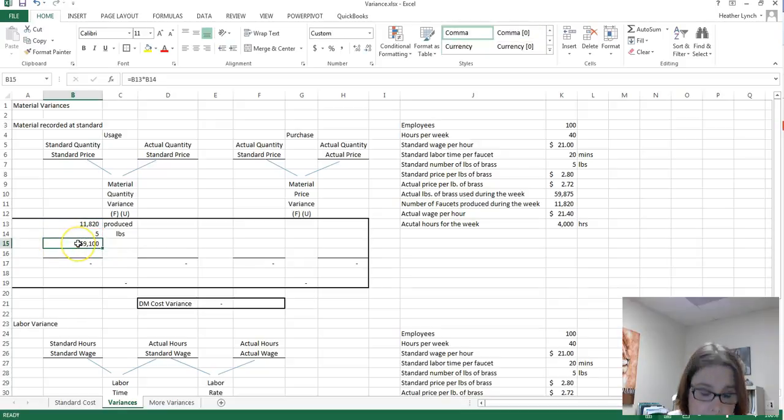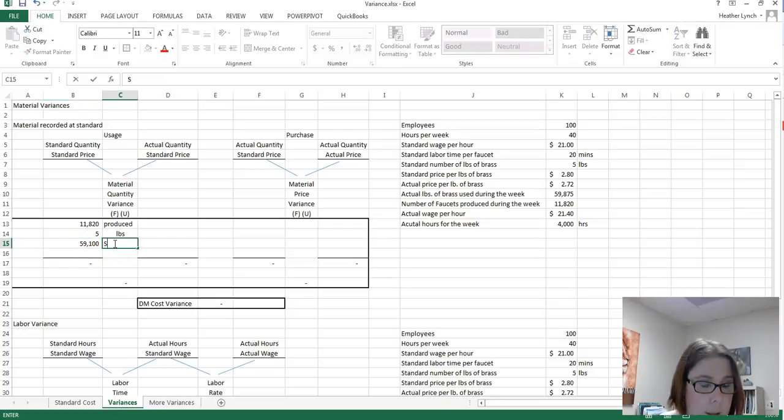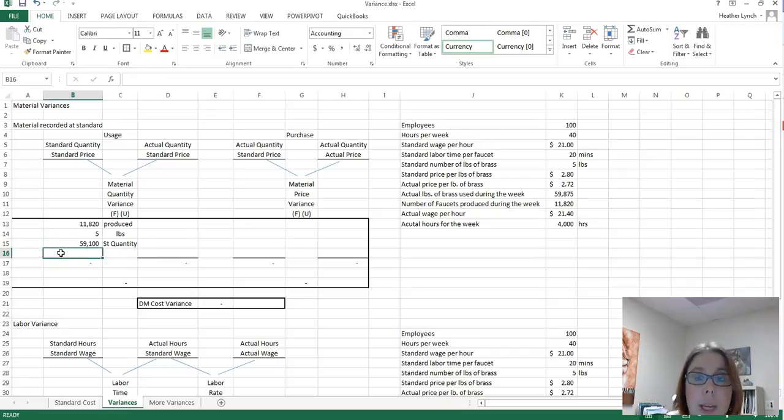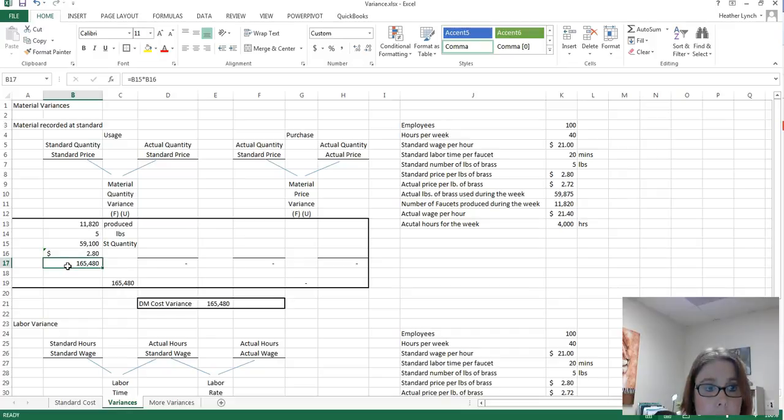This is the material I use, 59,100. That is our standard quantity. And our standard price that we set was the $2.80 per pound. So that gives us 165,480.